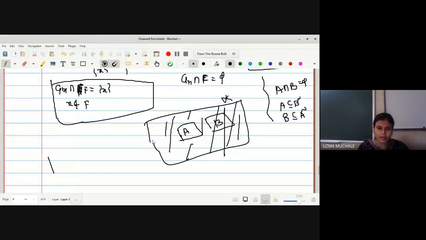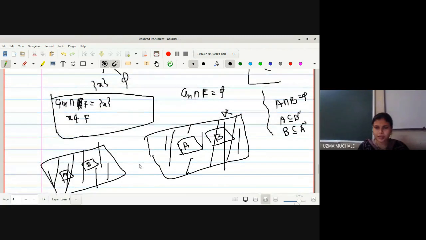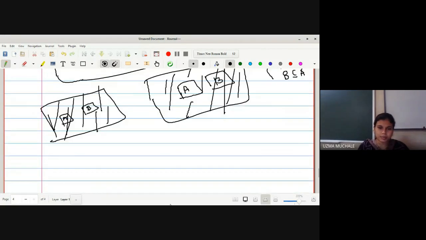Or in another way, I can draw another figure in which we write down the complement of B. What is the complement of B? We can see here now A is contained in B complement, right? So we know the result that if A intersection B is an empty set, then A is contained in B complement, and B is contained in A complement. From this, what is the statement we have found?